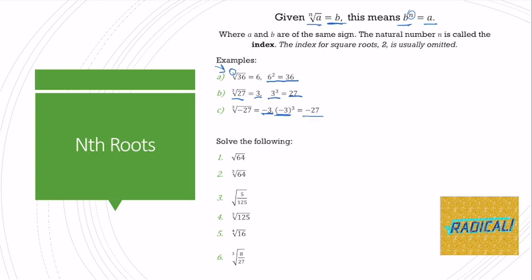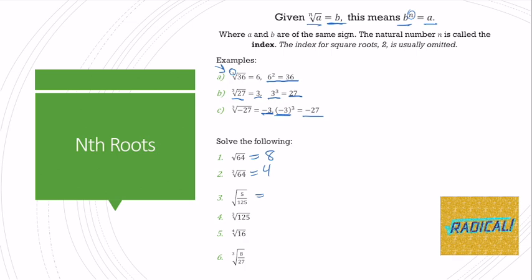So let's practice simplifying some radicals. The square root of 64 is 8, and yes, you can use your calculator for these, but when it comes to simplifying radicals in later sections, your calculator is not going to be helpful. So this is really good practice. The cube root of 64 is 4. Next, I've got the square root of 5 over 125. Well, that fraction I know I need to simplify.